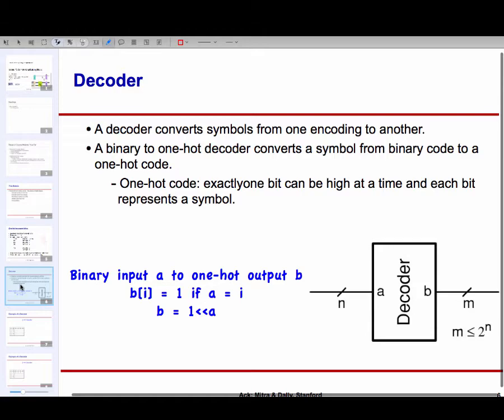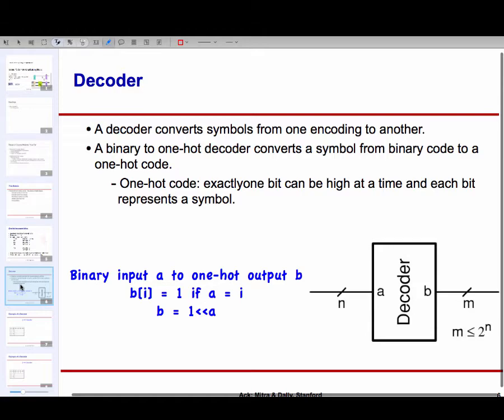But a binary to one-hot decoder is basically taking this compact representation, the 3-bit numbers in our previous slide, and converting them into a one-hot coded symbol, which we are saying is easier for us to grasp.